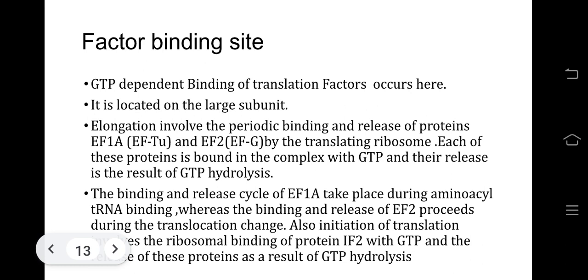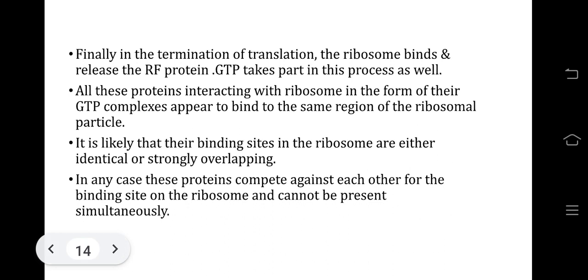The binding and release cycle of EF1A takes place during aminoacyl tRNA binding, whereas the binding and release of EF2 proceeds during the translocation change. Also, initiation of translation involves the ribosomal binding of protein IF2 and GTP and the release of these proteins as a result of GTP hydrolysis.